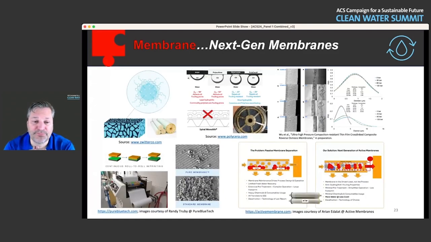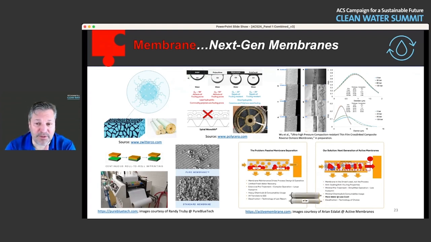Next slide. In terms of membranes, what we've seen in the last decade or so, and some newly emerging things, are membranes with very sophisticated surface coatings to resist fouling and scaling, membrane materials that are polymer-like, but with ceramic-like properties, which are much lower cost alternatives to ceramics and much higher performing alternatives to traditional polymers.